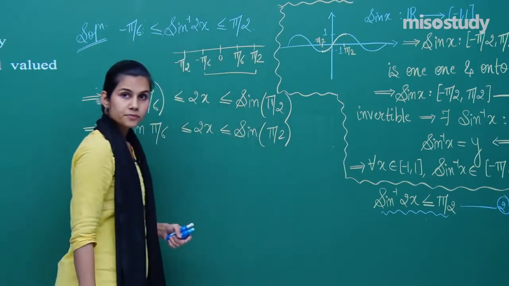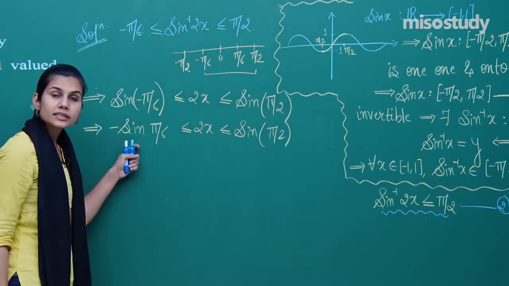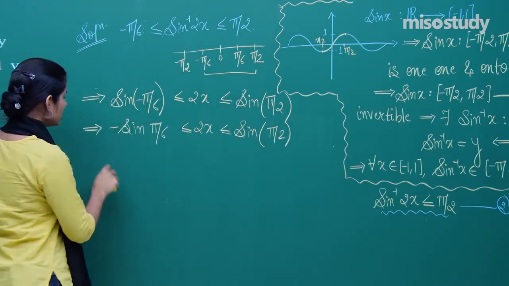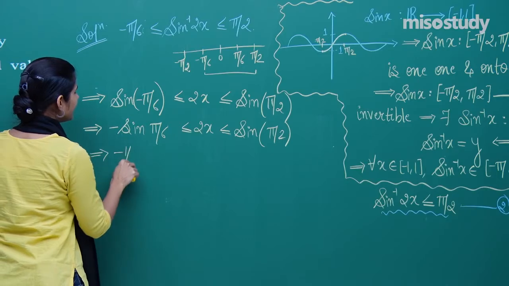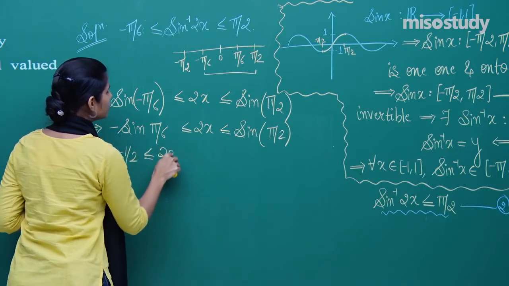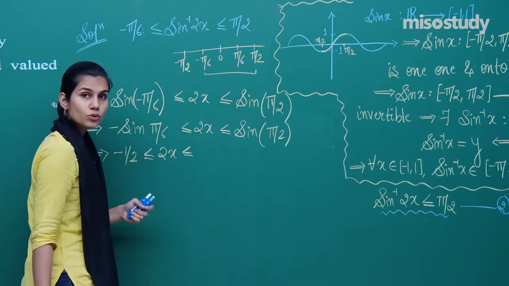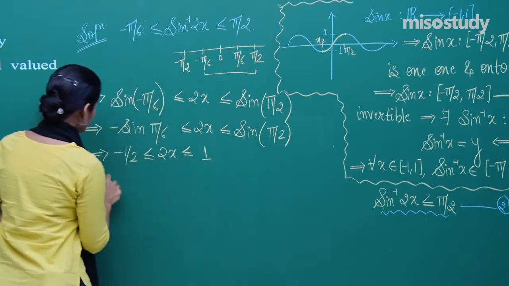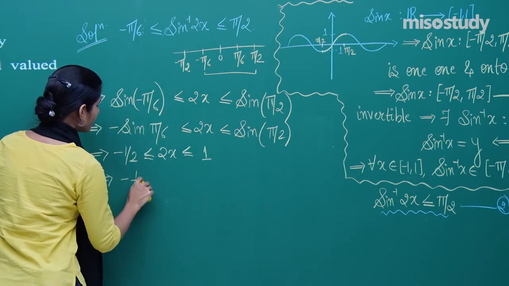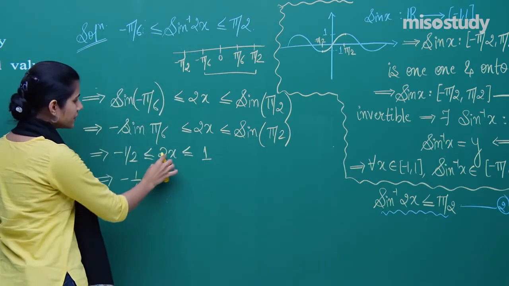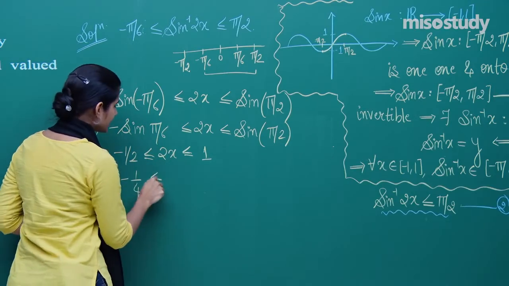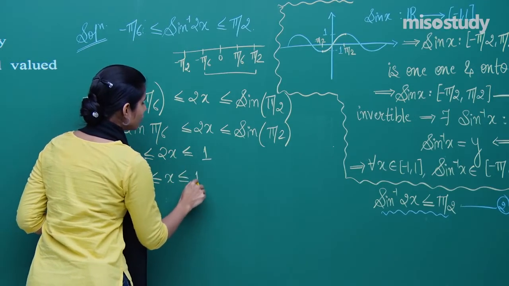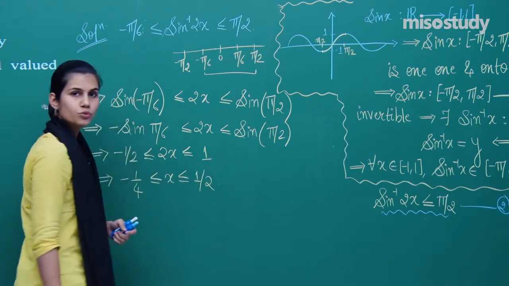Sine of 30 degrees is 1 by 2. So this happens to be minus 1 by 2 is less than or equal to 2x is less than or equal to, well, sine 90 is 1. And this gives you minus 1 by 4. Just bring this to the side, is less than or equal to x is less than or equal to 1 upon 2.